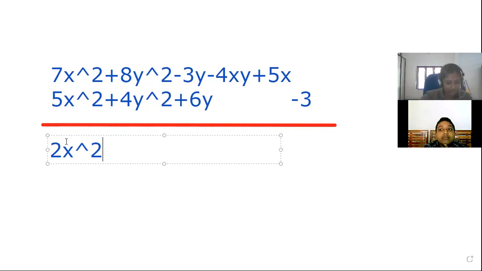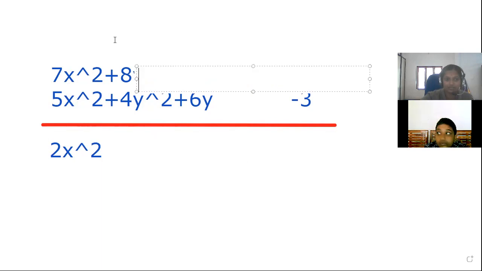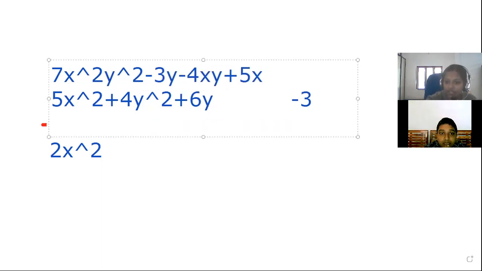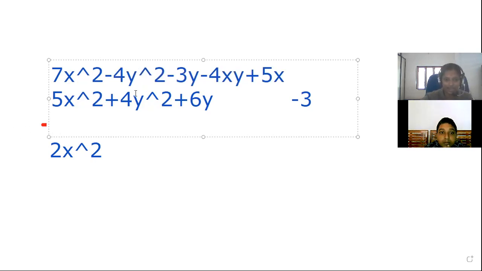Okay, just a second. 7x square minus 4xy, isn't it? It was the question, and it is 8y square. Just a minute. Minus 4y.